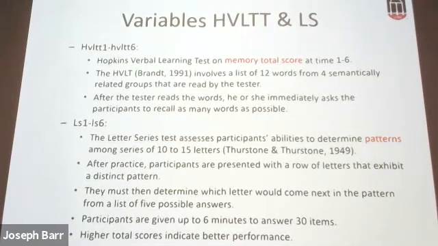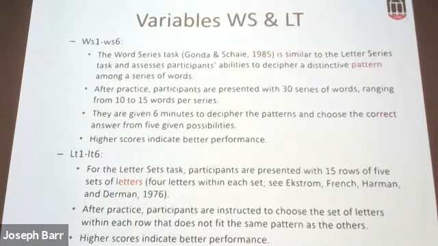Of course, we have some other tests, 36 variables in total. So we have WS1 to 6. This is short for the Word Series task. It's another pattern recognition task, from a series of words. And LT1 to 6. LT is short for the Letter Sets task.